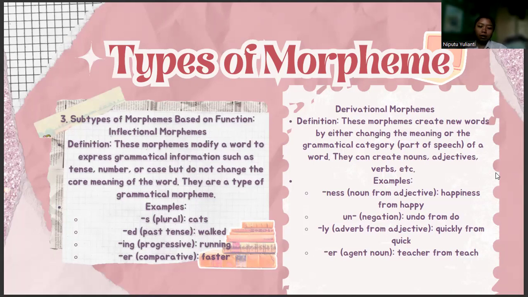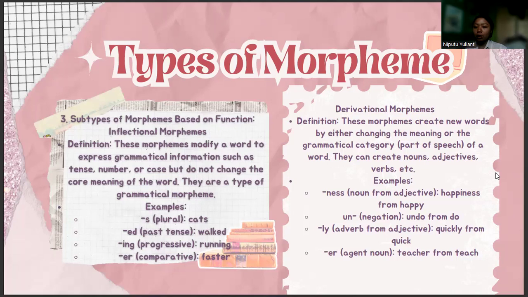the ending -er, comparative, faster. Next, derivational morphemes. Their definition: these morphemes create new words by changing the meaning or the grammatical category, or part of speech, of a word.